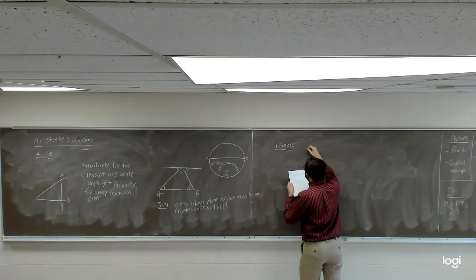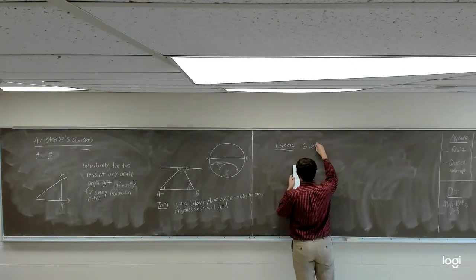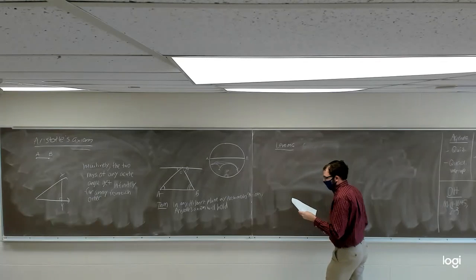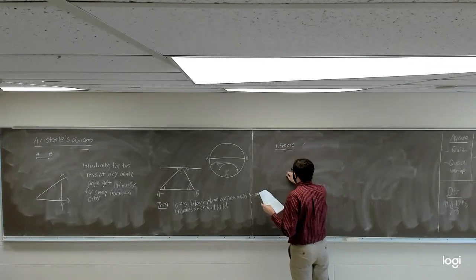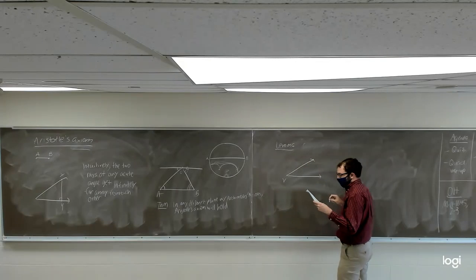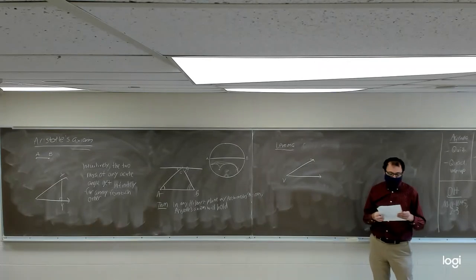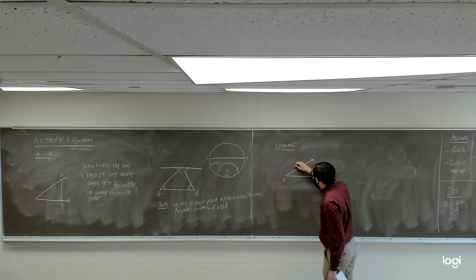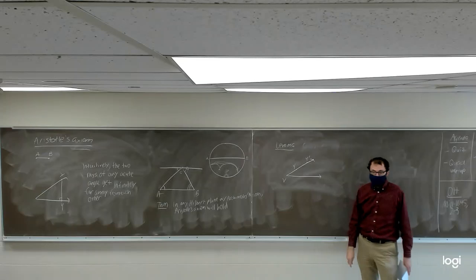So our lemma is going to say, given any acute angle, you know what, I'm just going to draw a picture. Given any acute angle with a vertex V, we're going to let y and y prime be points on one of these rays, so that y is between V and y prime.